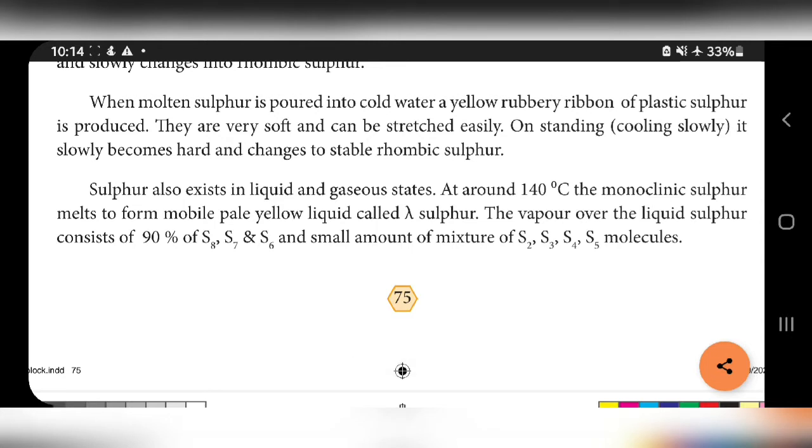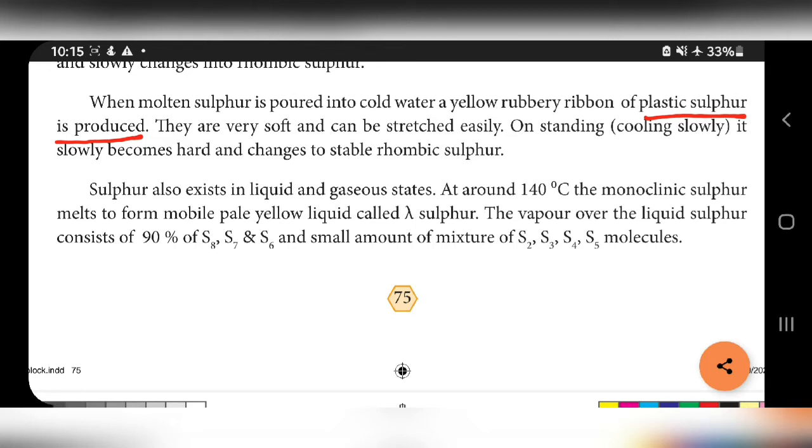When molten sulfur is poured into cold water, a yellow rubbery ribbon of plastic sulfur is produced. Already you know, the amorphous allotropic forms include plastic sulfur, that is gamma. Already we learned about alpha and beta, that is rhombic sulfur and monoclinic sulfur.